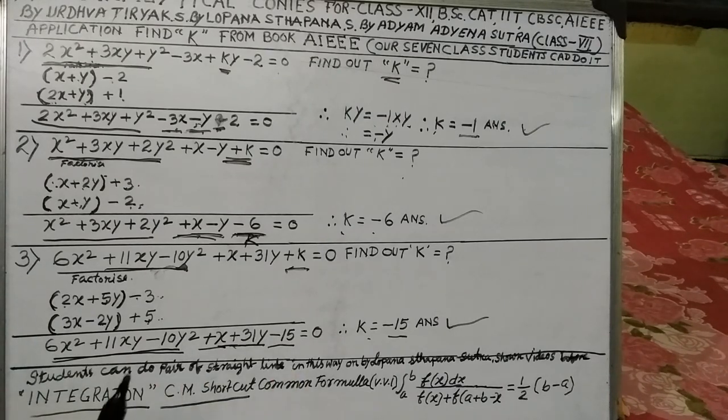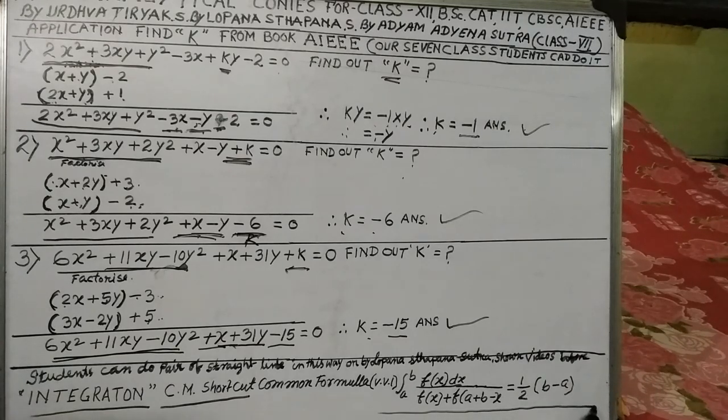I told you that I have no ego. I have taken a shortcut of the current method as well as the Vedic method, and this is a very important formula for all class 12 students and those who will give the competition exam in engineering.